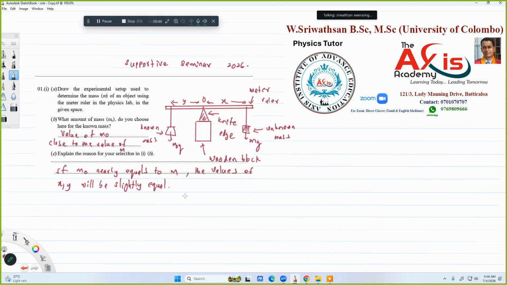Right, x and y can be measured in a wider range.